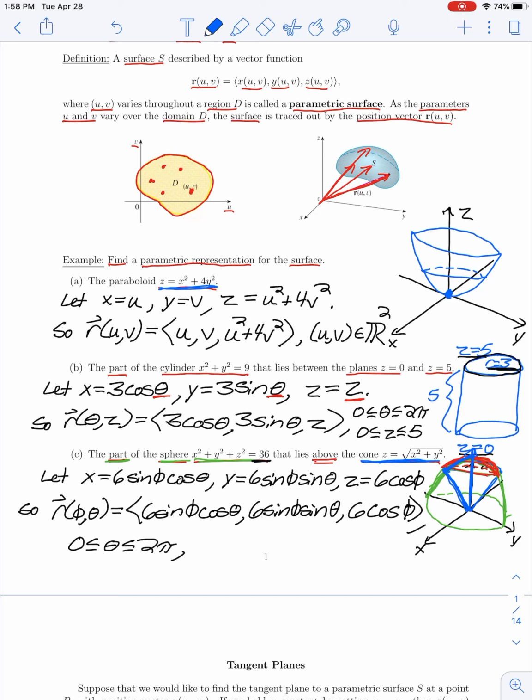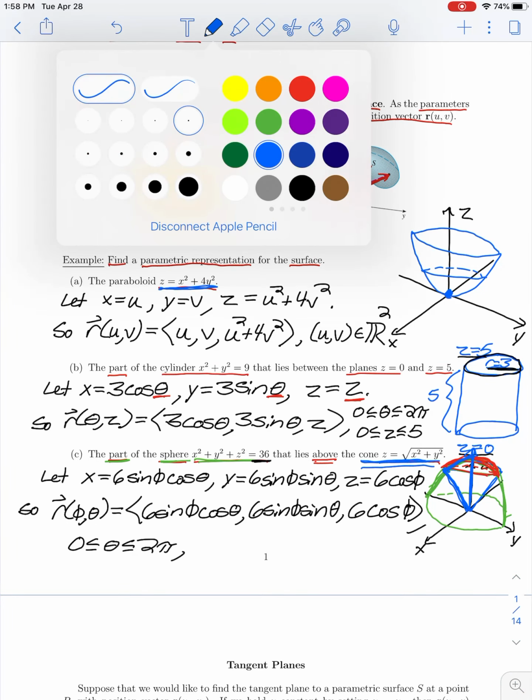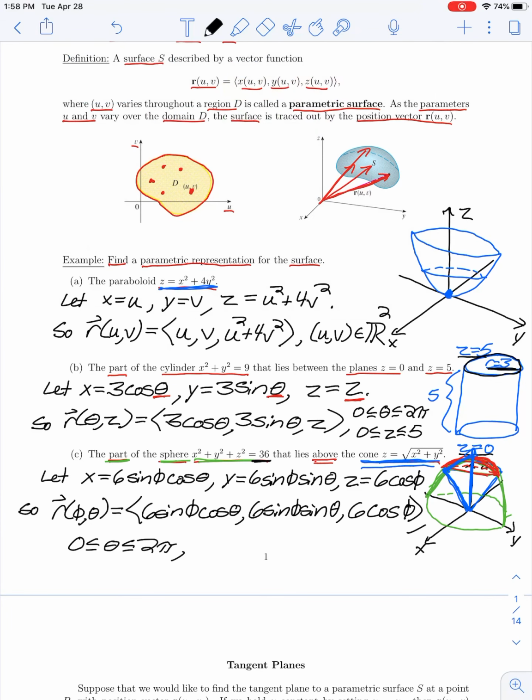Now the cone that we're describing here, z equals the square root of x squared plus y squared, has an angle of 45 degrees, or pi over 4 radians, measured downward from the positive z-axis. So here, our phi value could range from 0 to pi over 4 to describe that particular part of the sphere which lies above this cone.